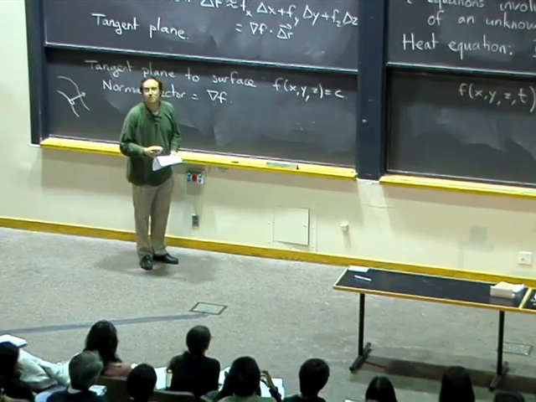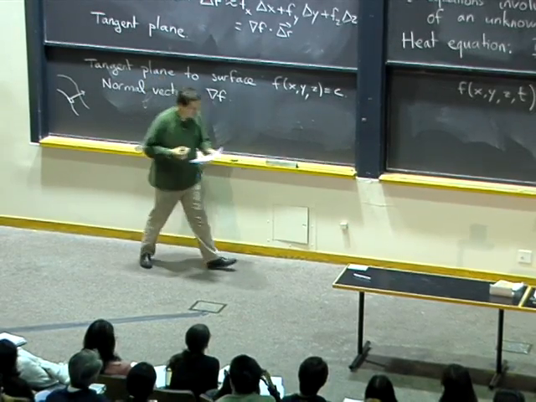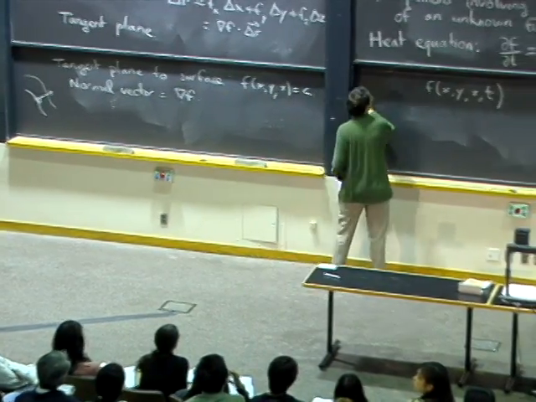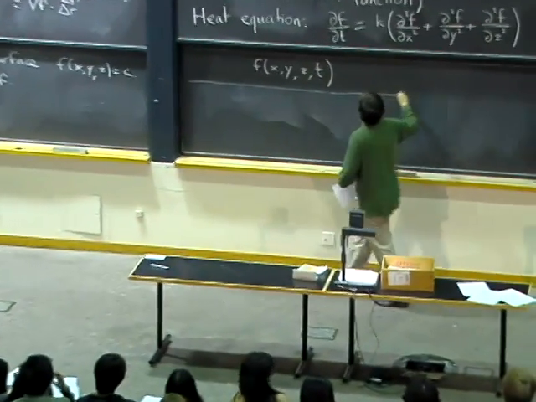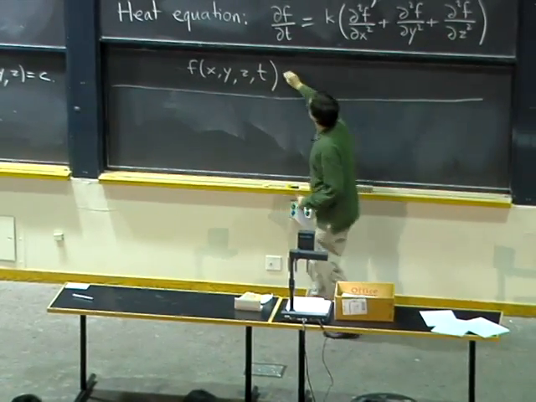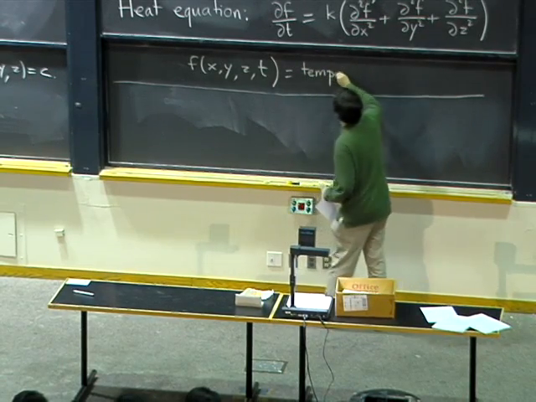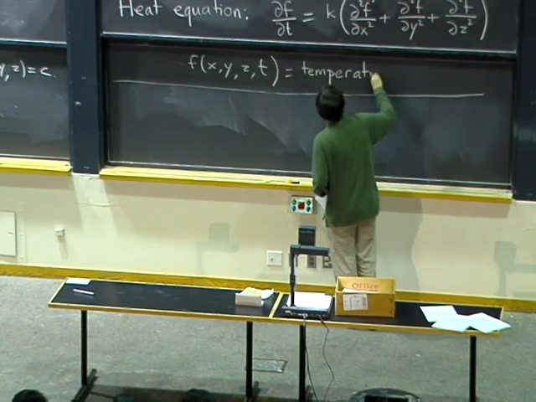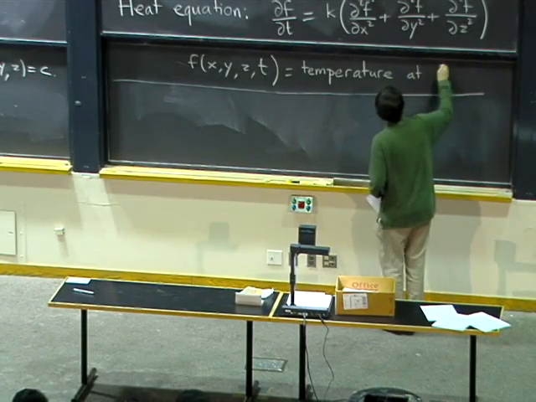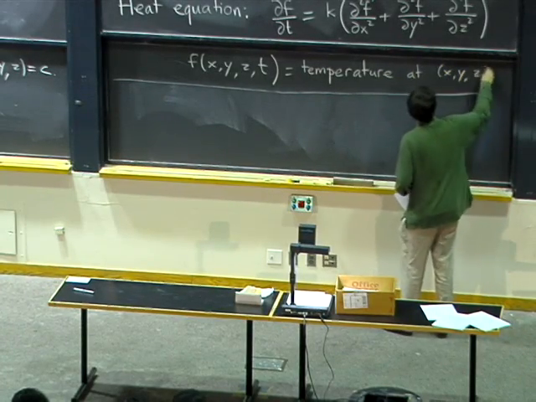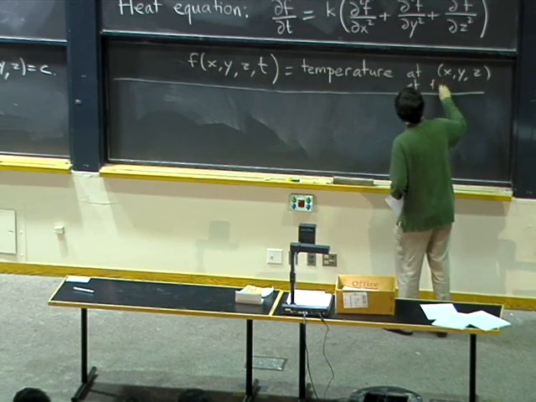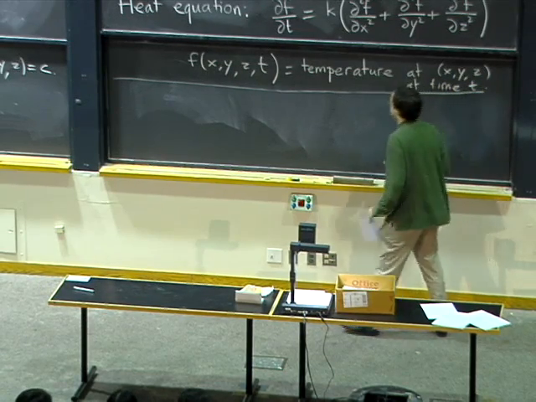Okay. If there's no further questions, let me continue and go back to my list of topics. Oh, sorry, I should have written down that this equation is solved by temperature at the point x, y, z at time t. Okay.